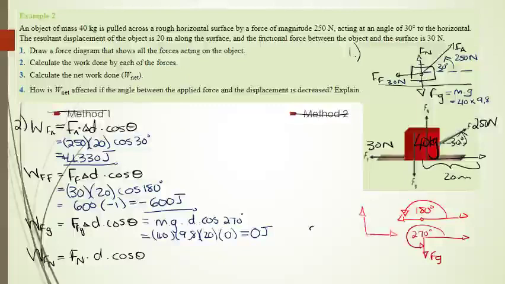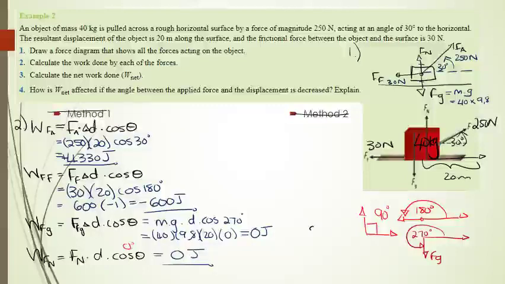Our direction of our box moving is in that direction. The angle that that makes is 90 degrees. This whole item becomes 0. I don't even have to write it all out. I can just say, it's not newtons, it is 0 joules.